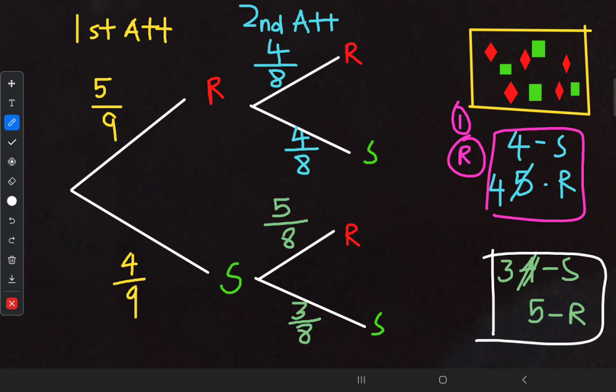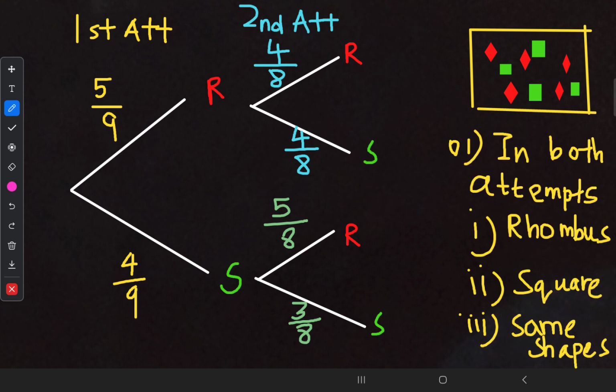Earlier we studied about with replacement. Here it is without replacement. That means the total objects count will reduce. Accordingly, you should think and complete the tree diagram like this. In both attempts, rhombus: this is the event you should concern about.